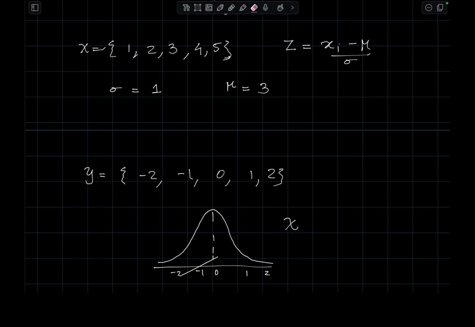Here let's say we transformed x into standard normal distribution with mu equal to 0 and sigma equal to 1.